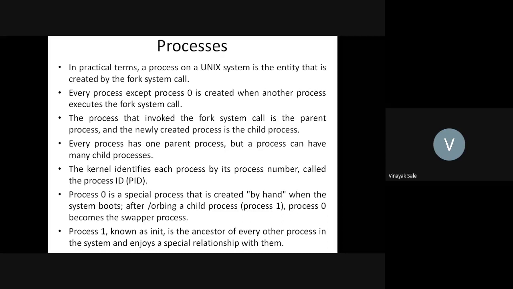The kernel identifies each process by its process number, that is the process ID or PID. Process 0 is a special process created by hand when the system boots, and after forking a child process, that is process 1, process 0 becomes the swapper process.